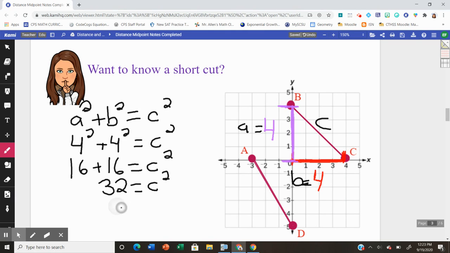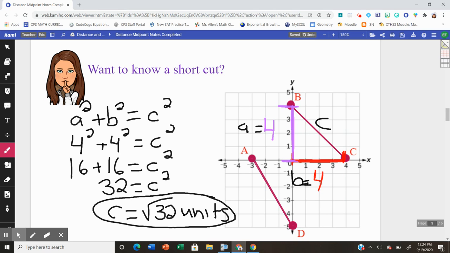So c is going to be equal to the square root of 32 units. Again, yes, you could plug into the calculator if you would like to, get your decimal approximate, 5 point something, but we don't need to. I'm totally happy with you guys just leaving it this way. So I am going to tweak the answer, though. Instead of just saying c, the question's really looking for the length of BC. So I'm just going to say that BC is equal to the square root of 32 units.